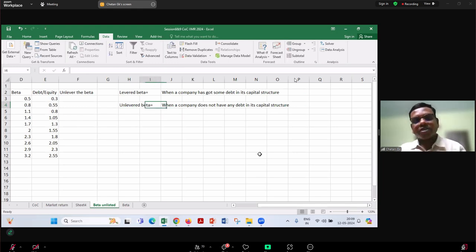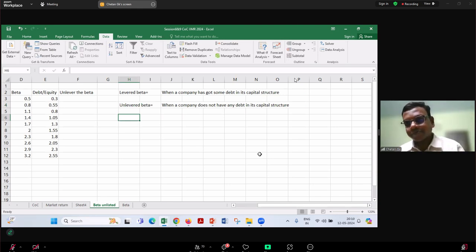And beta of such companies is actually called unlevered beta. Is it clear, everybody? What is unlevered and levered beta? So for example, Infosys doesn't have any debt in its capital structure. Then the company's beta, we call it unlevered beta.